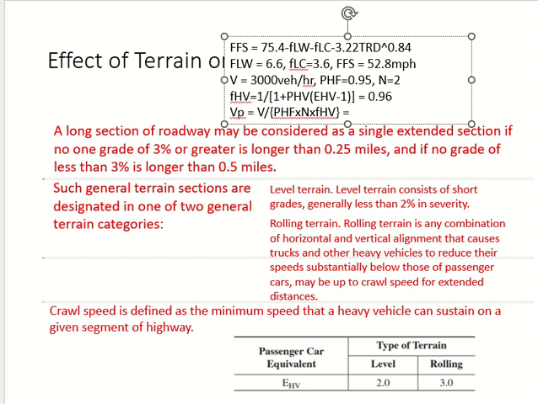How much is the VP? 1644.7. Okay. Because we divided by FHV, it became passenger cars.